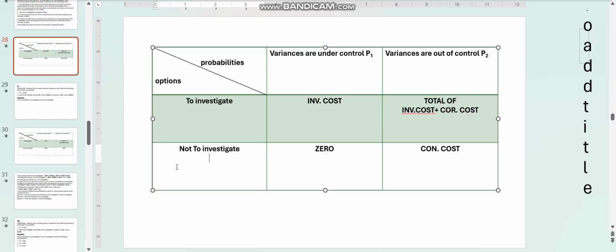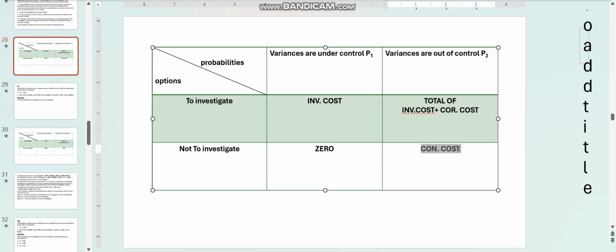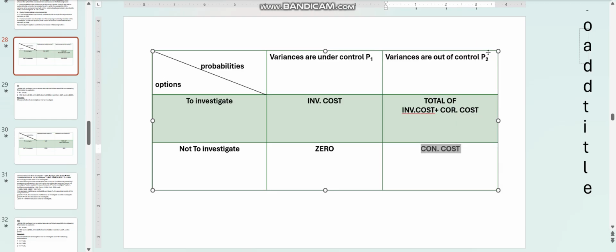Similarly, the expected cost of not to investigate equals zero cost times related probability of P1 plus continuation cost times related probability of P2.